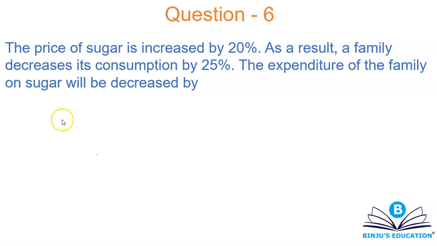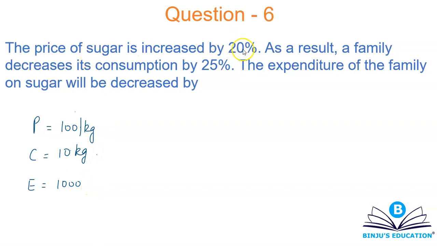So let's consider the price of the sugar to be 100 and the consumption to be 10, which means expenditure will automatically be 1000. Price, let's suppose, is 100 per kg, consumption is 10 kg, so total expenditure is 1000.